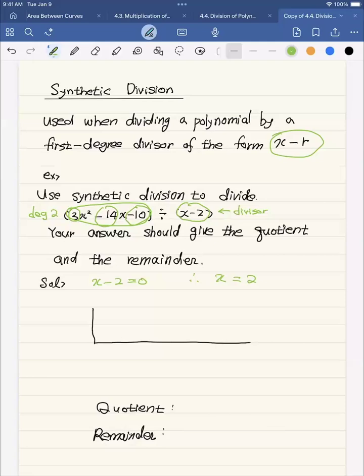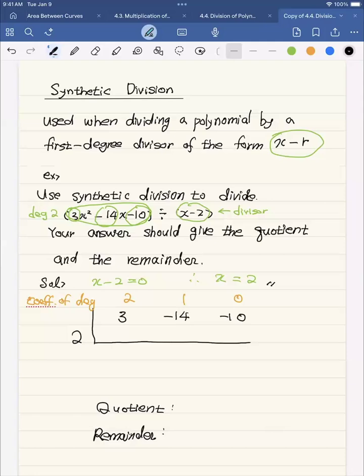This is a degree 2 polynomial, so we will locate the coefficients of the degree 2, 1, 0 terms in an orderly manner. So this becomes 3, negative 14, and negative 10. And when we solve the divisor, it becomes 2, so we write 2 here.